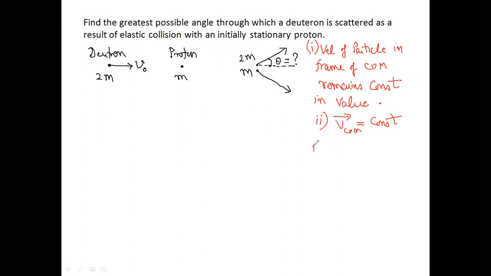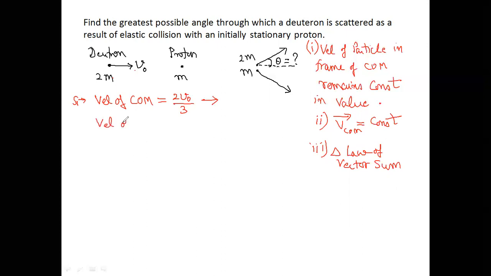And the third concept which we are going to use here is the triangle law of vector addition. So let us go step by step. Step number 1: the velocity of center of mass can be calculated as (m1 v1 + m2 v2) divided by (m1 + m2), which gives 2 v0 by 3 in the right side direction.